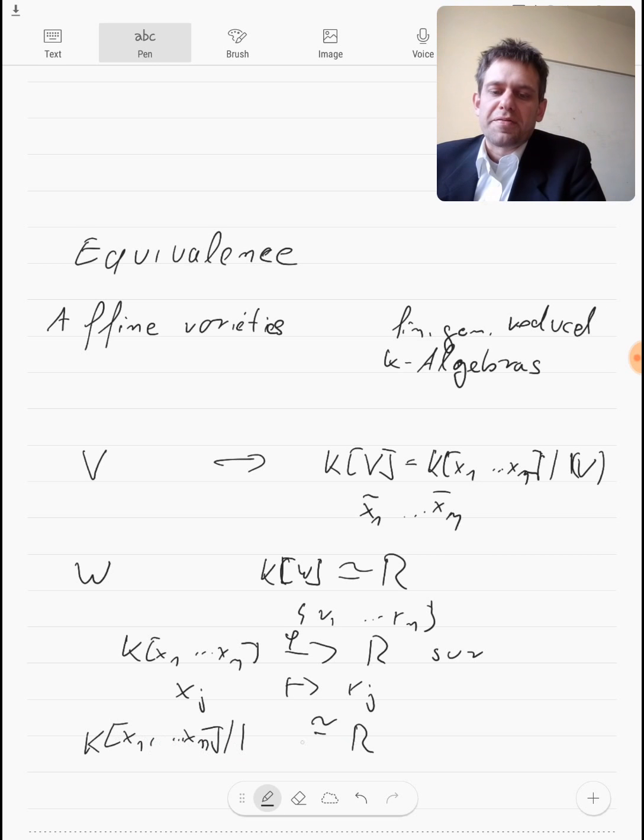So we have this isomorphism, but we know something about R, namely we know it's reduced. And now this quotient is isomorphic to a reduced k-algebra, which means that this ideal, which is the kernel of phi, has to be a radical ideal. So the radical of I is the same as I.